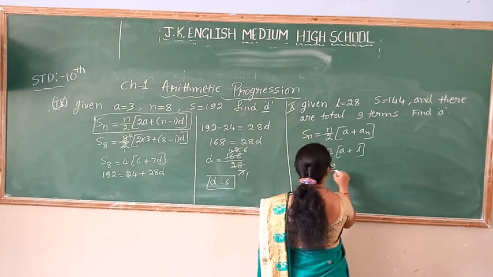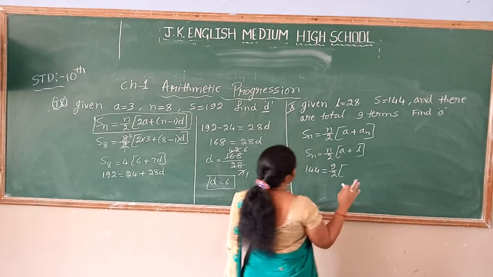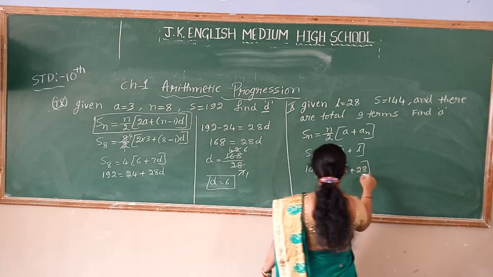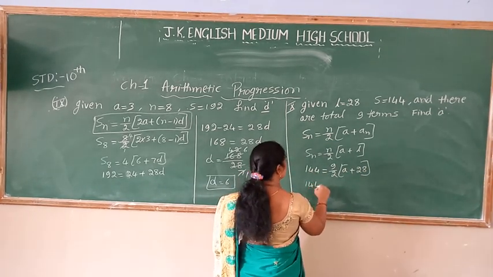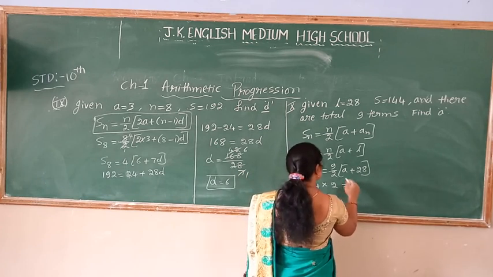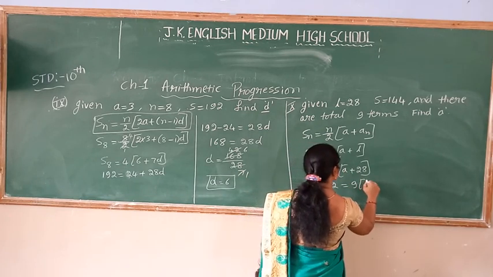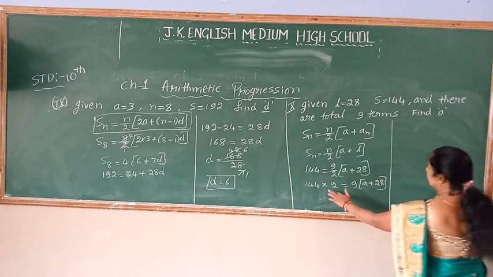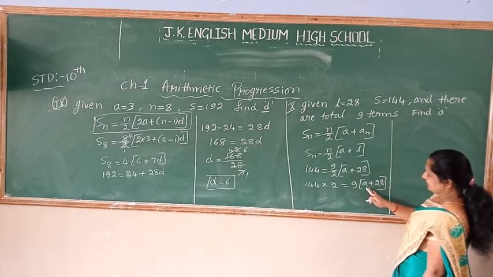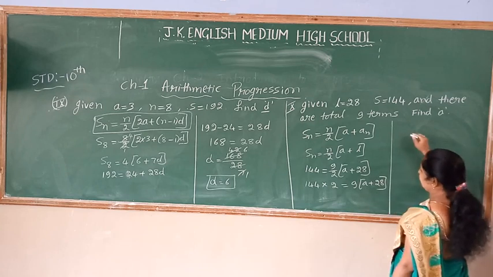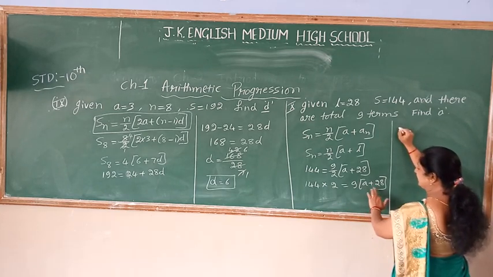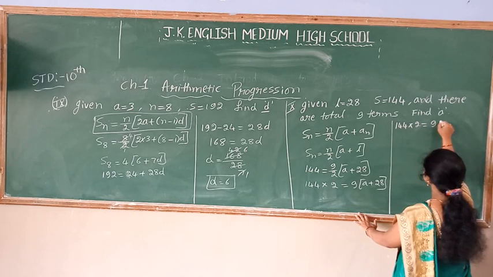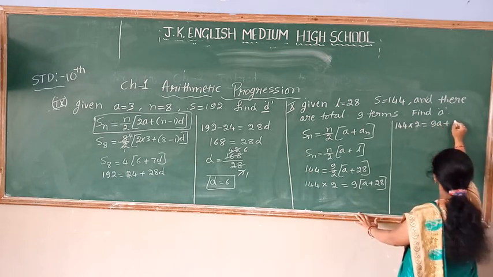So 9 by 2, the a value they did not give; they told us to find it. The last term value they gave is 28. Then cross multiplication: 144 into 2 is equal to 9 into a plus 28. That is 144 into 2 is equal to 9a plus 9 into 28.